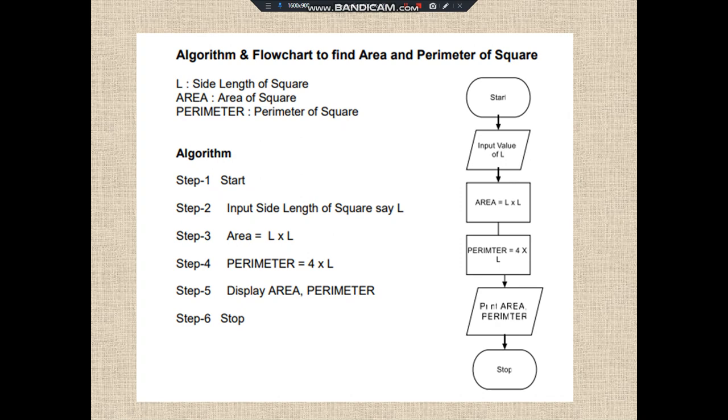Again the rectangle will be used here as it is a process. And after that we are going to display the area and the perimeter of the square. We are displaying the output here, so for the output again the parallelogram will be used, and the last step is stop. For the stop, the oval will be used here.